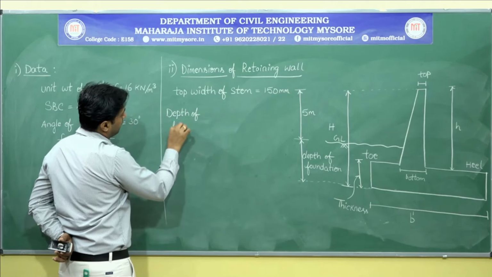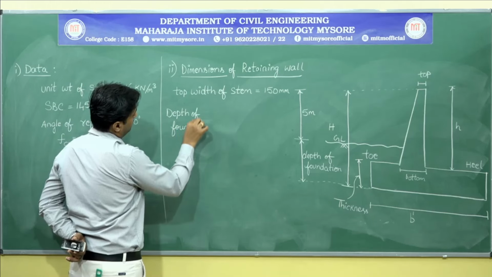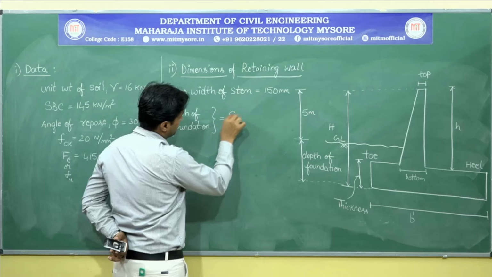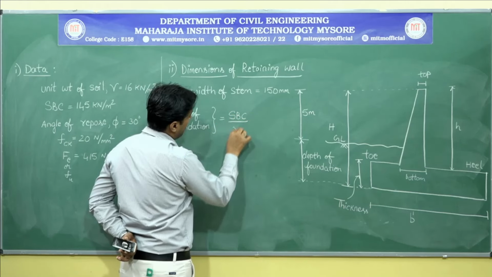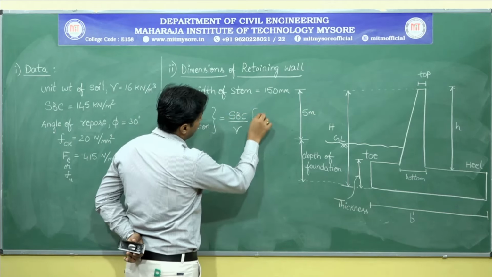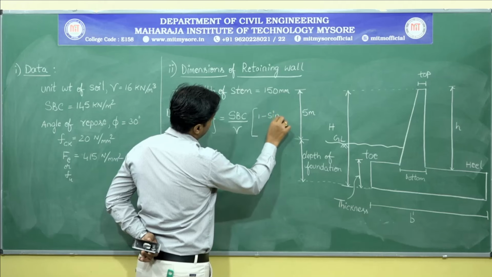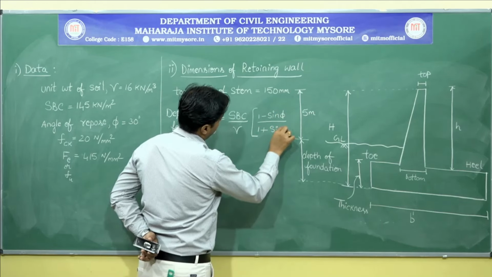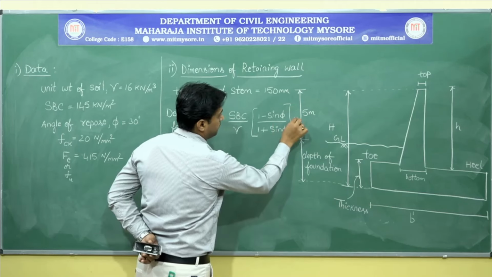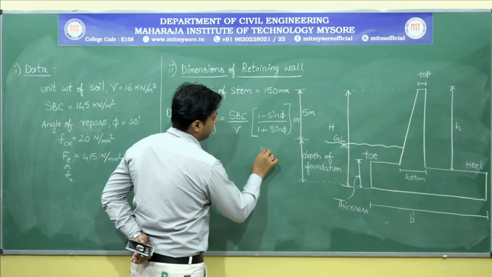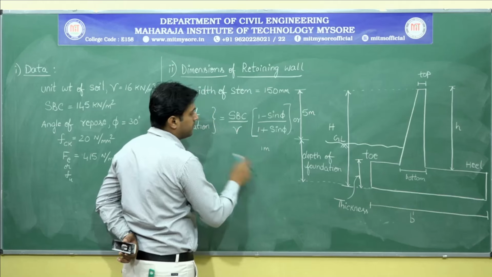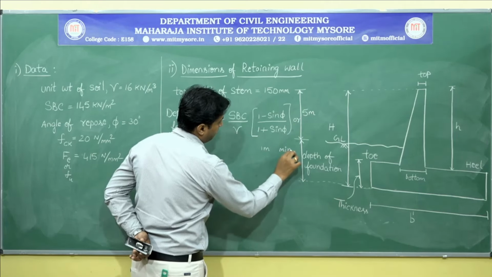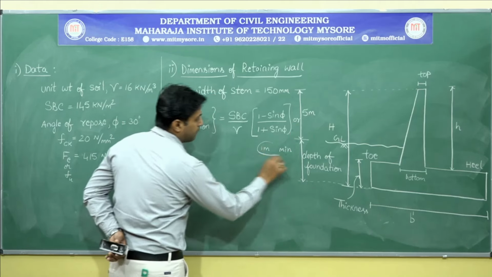Depth of foundation can be calculated using the formula SBC by the density of the soil into (1 minus sine phi divided by 1 plus sine phi), whole squared, or 1 meter, whichever is minimum.